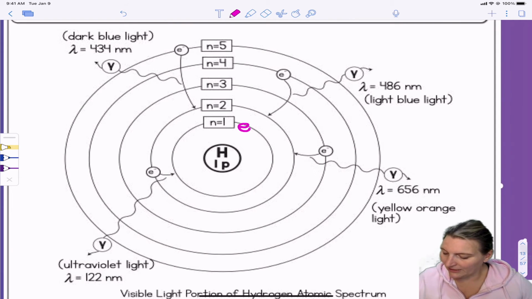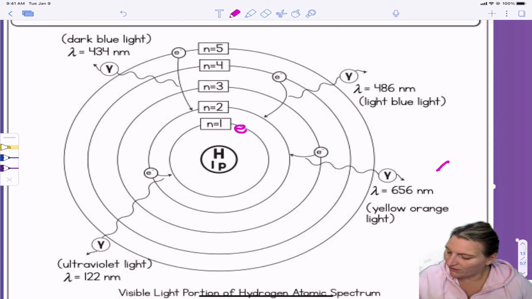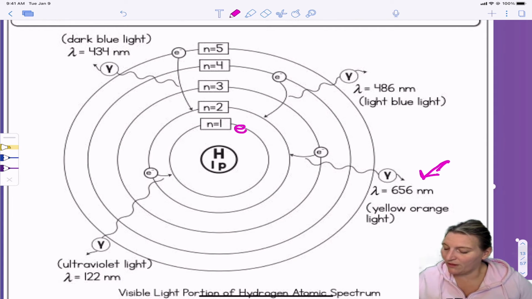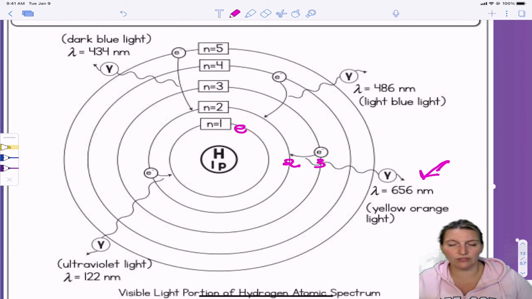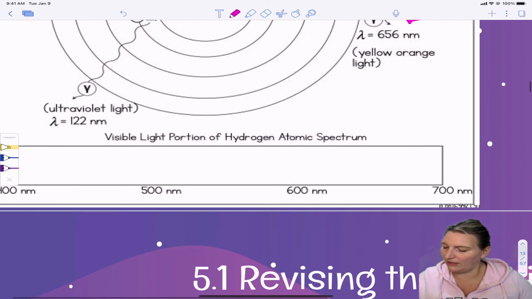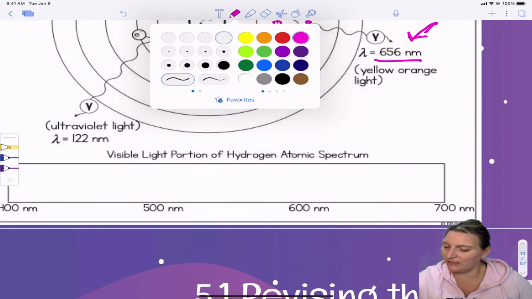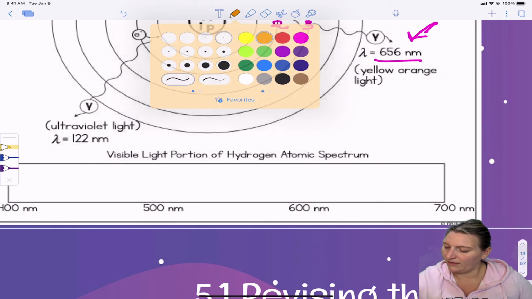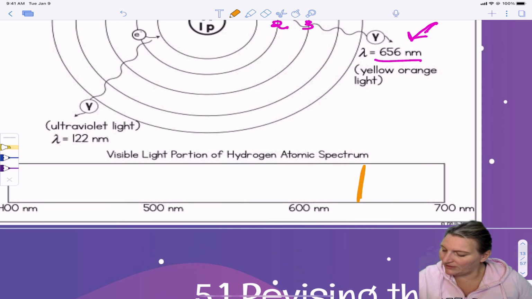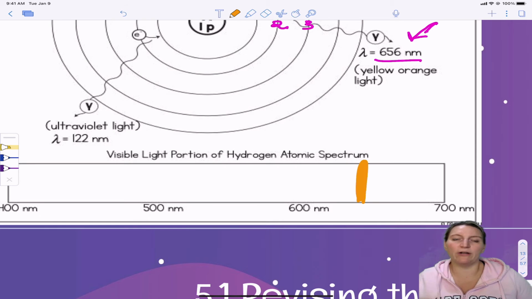So you can see here, when an electron falls down from the third energy level to the second energy level, it gives off a certain amount of energy, and that is yellow-orange light, and it's 656 nanometers. And so somewhere around here, we see that great, bright, reddish-orange light.